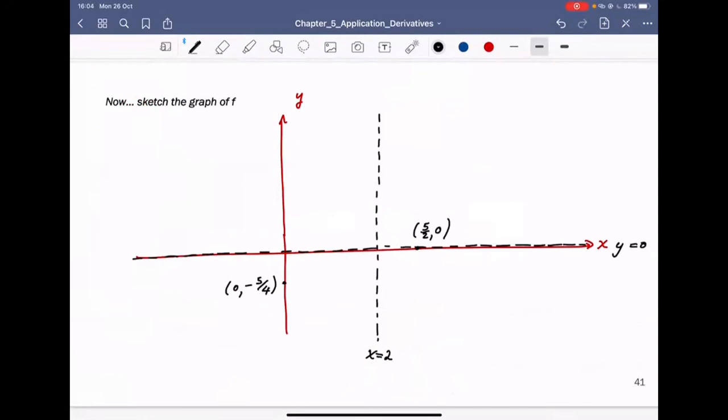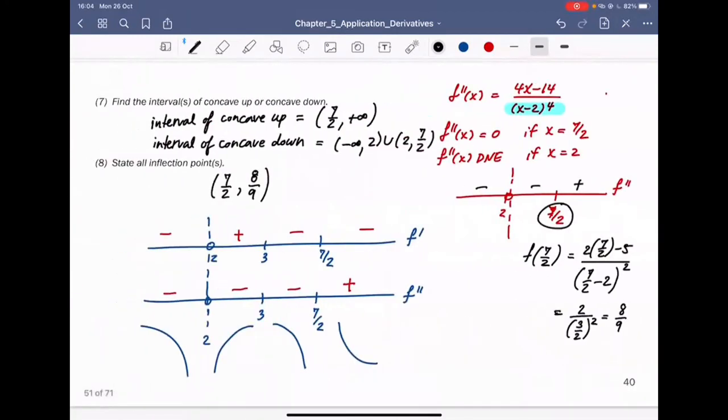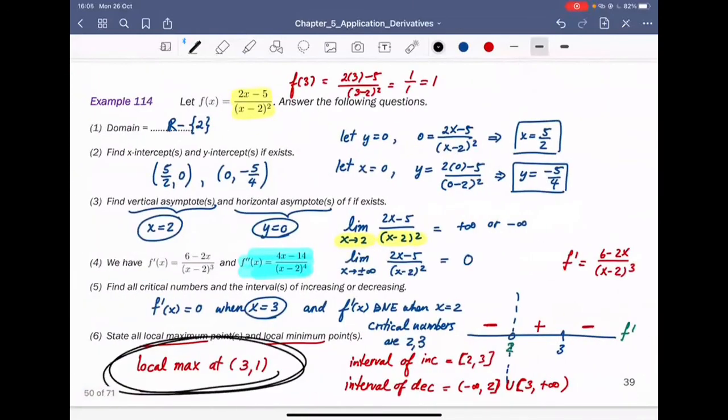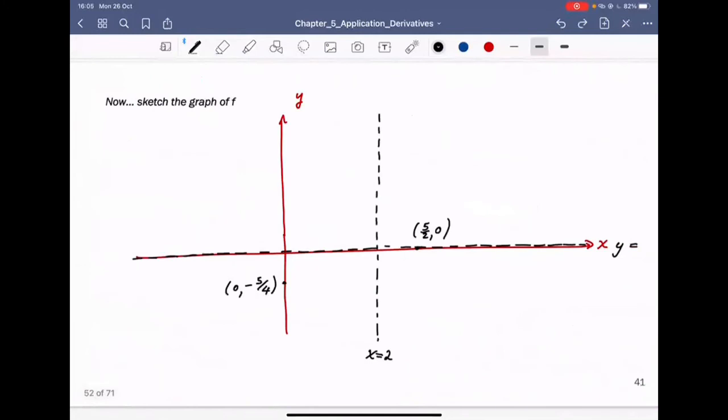So let's plot the local max and inflection point, and then put everything together. All right. So the local max is (3, 1). 3 is here, 1 is here. Okay, 1 could be something a little bit higher, right? Because negative 5 over 4 is there.